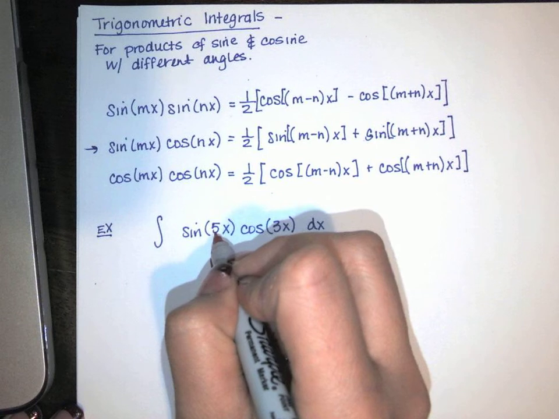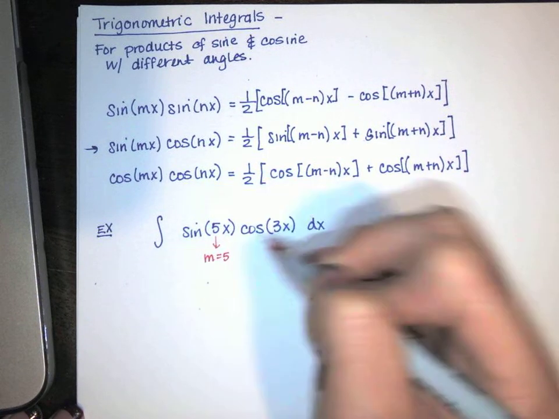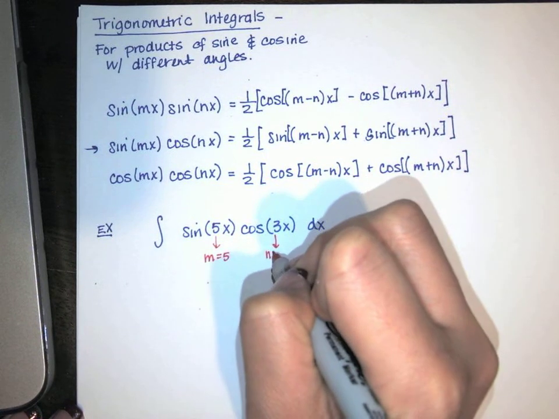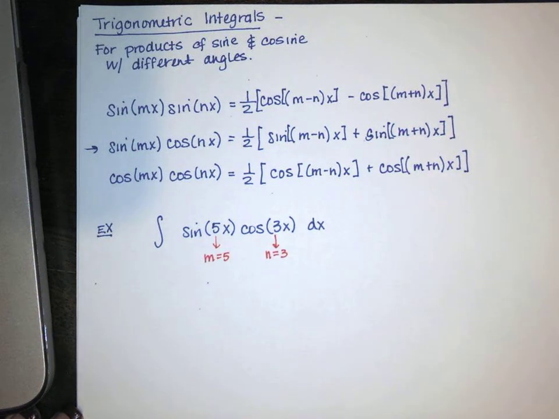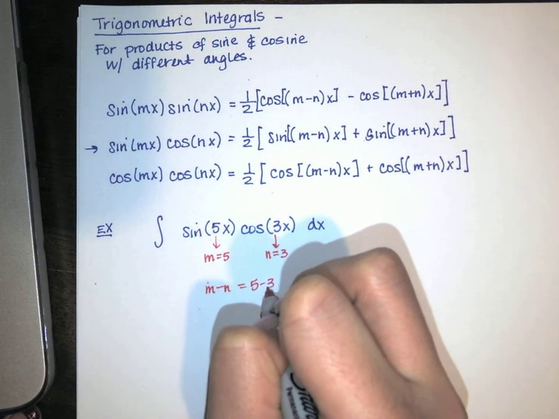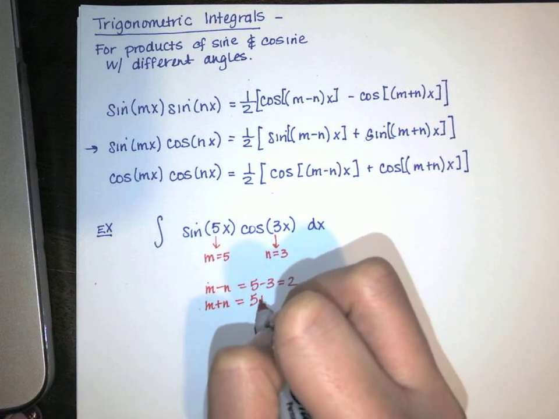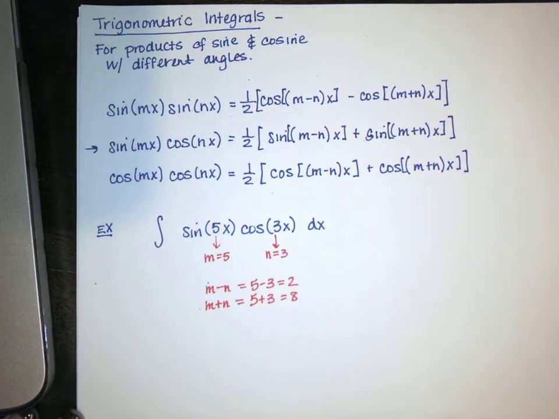M is the coefficient of x in the sine function, so m equals 5. N is the coefficient of x in the cosine function, so n equals 3. So that means m minus n is 5 minus 3, that's 2. I also add those two together, I get 5 plus 3, and that's 8.